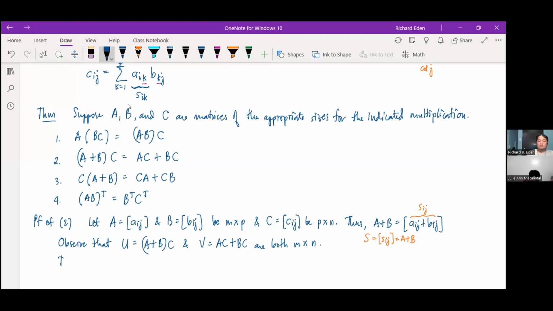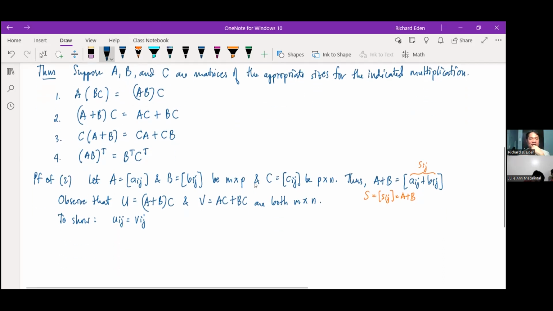What we want to do is to show that U sub ij is equal to V sub ij, whatever the indices I and J are, where I runs from 1 to M and J runs from 1 all the way to N. So at least it's clear that V has no extra entries that do not correspond to anything in U, and vice versa. Okay, so let's start with U sub ij.